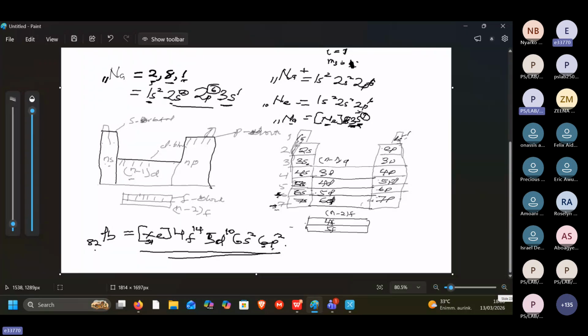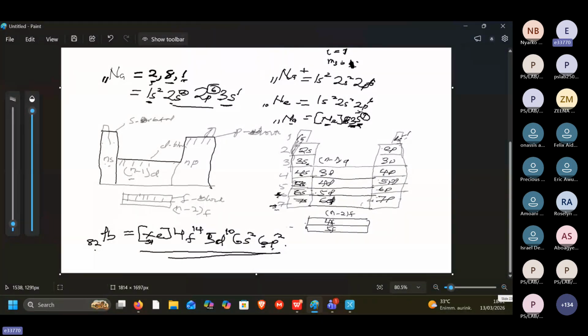It's 4f, 5d, then 6s, 6p. So f takes 14, d takes 10, that is 24. s is 26, then the p will be 28.